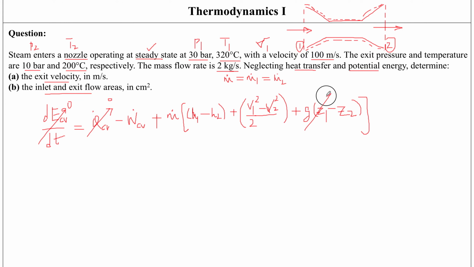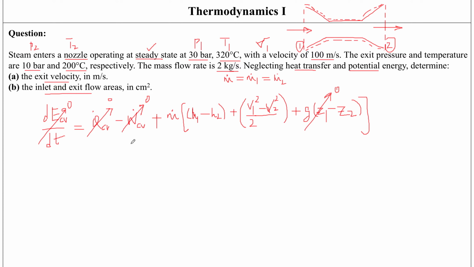And this is also going to go out because for a nozzle, like we've seen in one of my previous videos, and I'm going to leave the link over here, there is no work across the control volume. That is something we need to be mindful of as well.